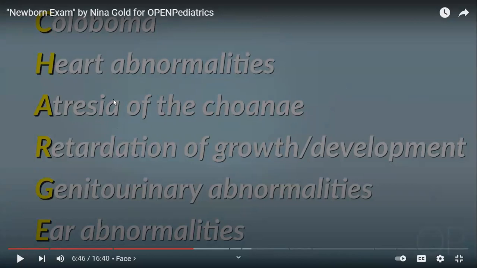So if anybody is born with heart abnormalities, it is more common in their life to develop ear abnormalities or genitourinary abnormalities, also retardation of growth or development in relation to their age.